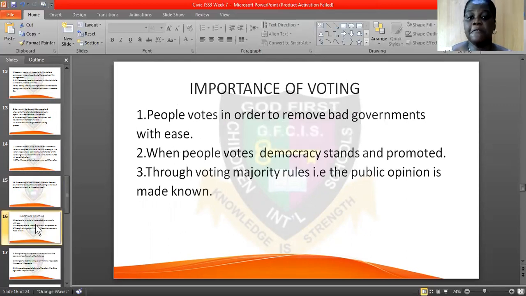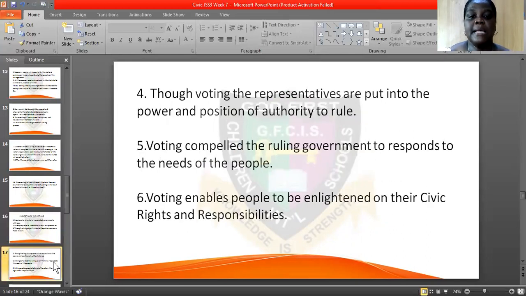Then the importance of voting. Bad government is removed. People vote at will, and through voting comes majority rule. Then through voting the representatives are put in power. Through voting the people respond, and the government responds to the people's bid.